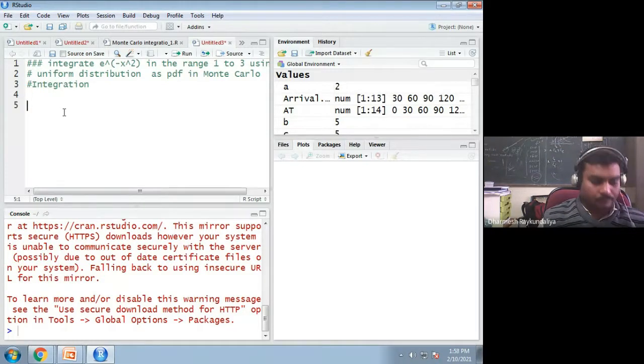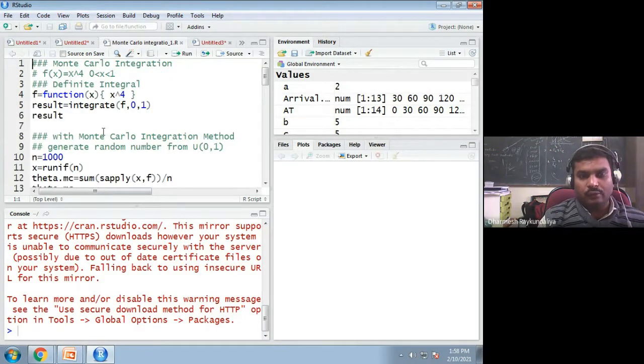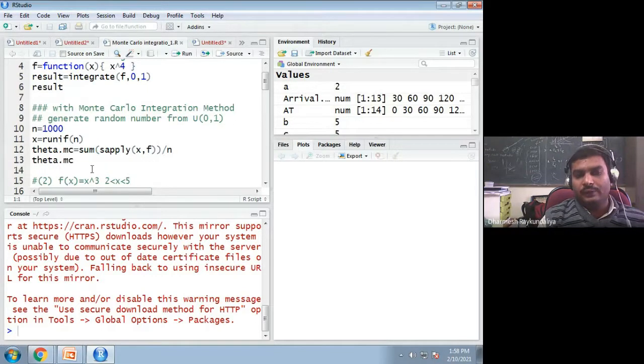Okay. So what is the approach? Last time we saw that whenever we wish to solve, first we define the functions, and after defining the functions we generate the random numbers and then proceed.